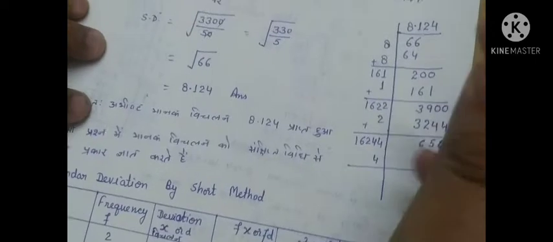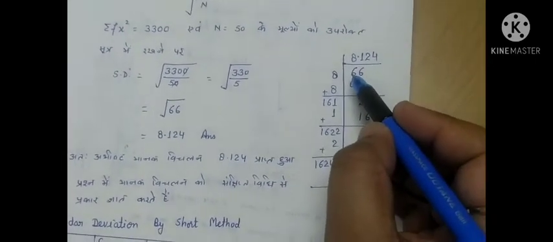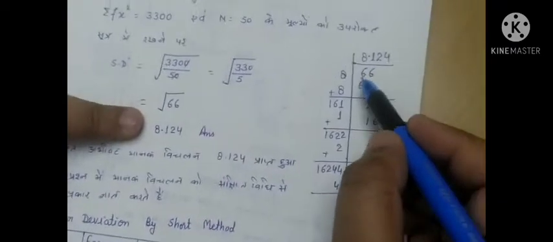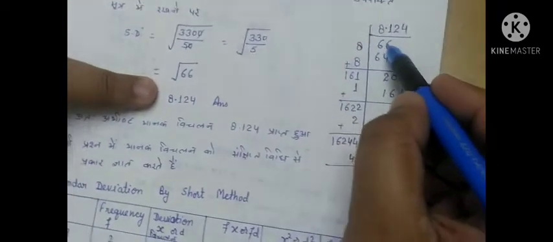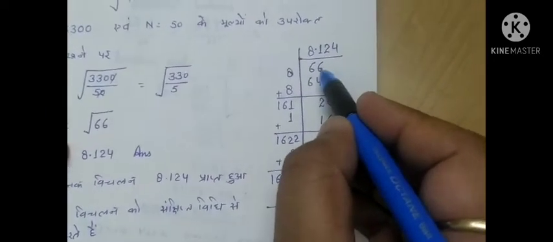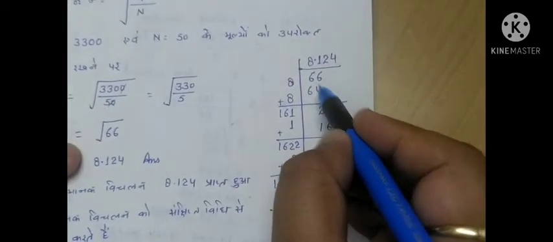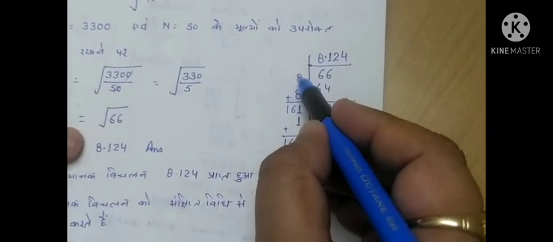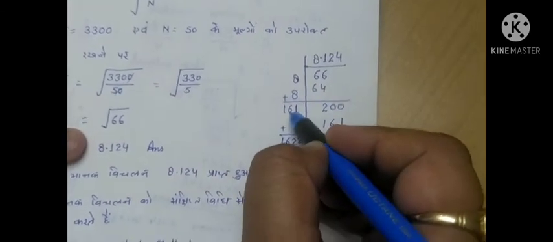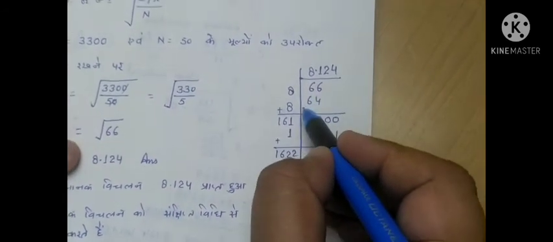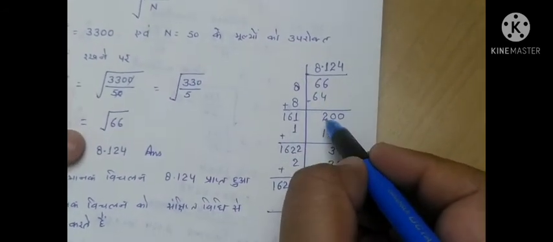At the right side of this paper I have calculated the value of under root 66. 66 has two digits, so one pair. 8 8s are 64, writing 8 here, here and here. 8 plus 8 gives us 16, and 66 minus 64 gives us 2.